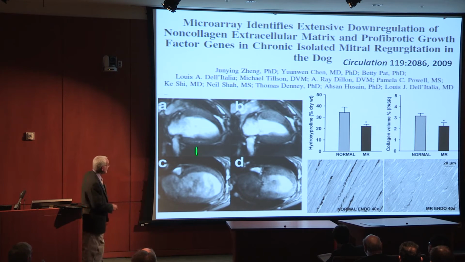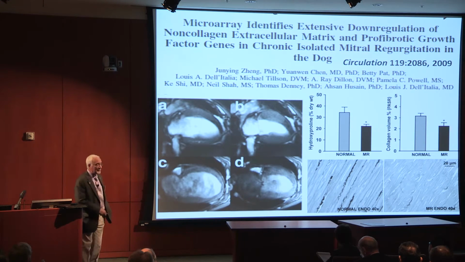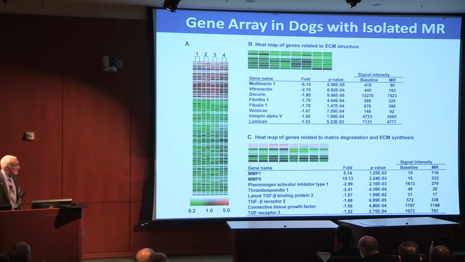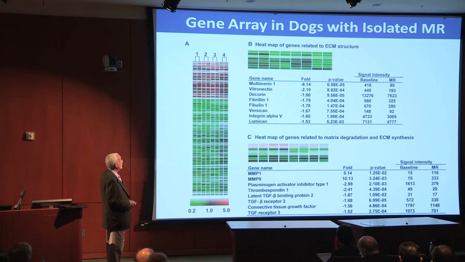And again, here's a nice example of the dog, baseline and MR. But we did a microarray. We got a biopsy before inducing MR and got the tissue 4 months later. And interestingly, what we saw was that there was a marked downregulation of all of the genes of ECM structure.